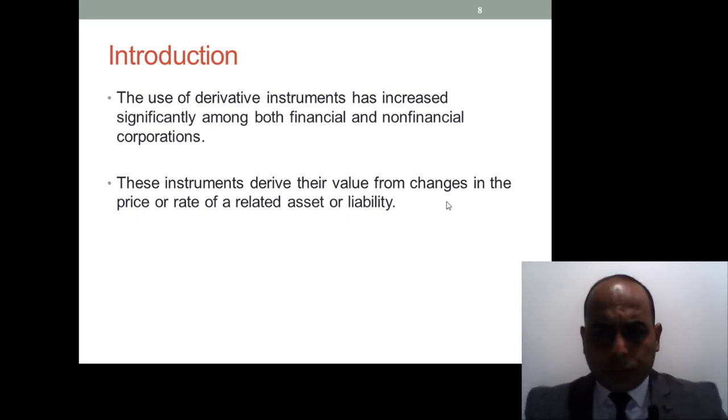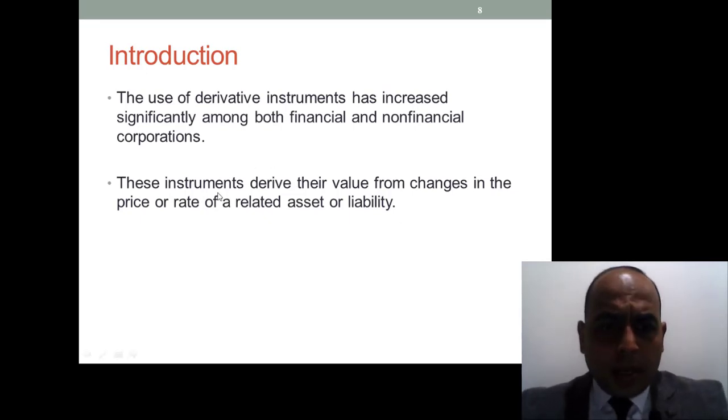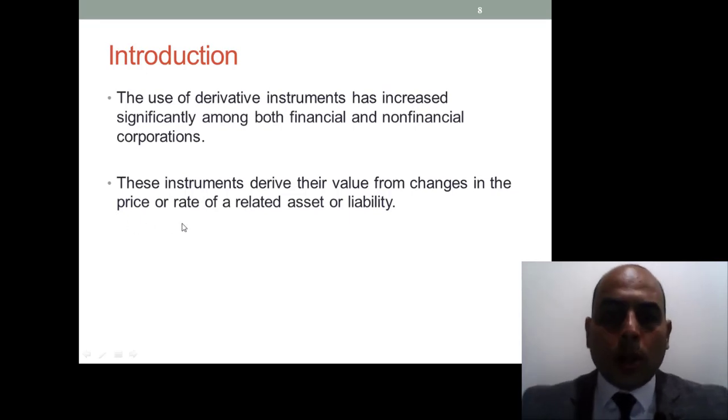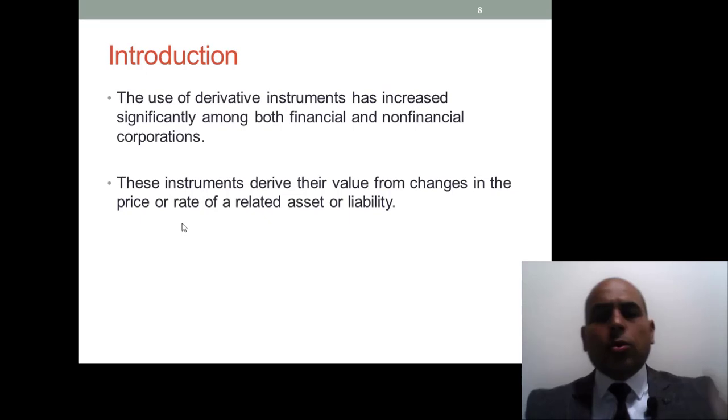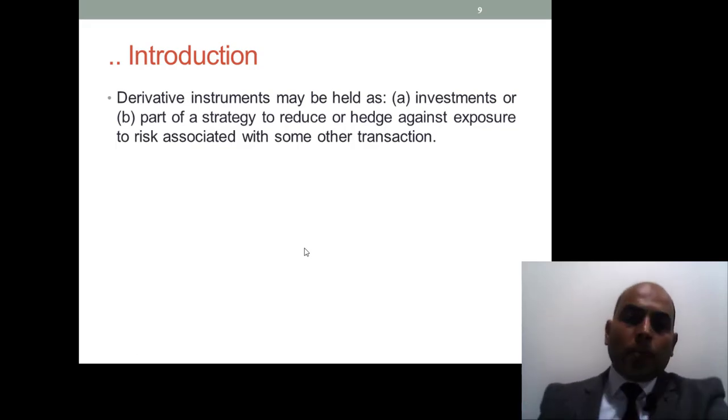This is the meaning: the instrument derives its value from changes in the price or rate of related assets or liabilities. Assets, if you enter into a forward contract to buy something, so it will be an asset, or to sell something, so it will be a liability.